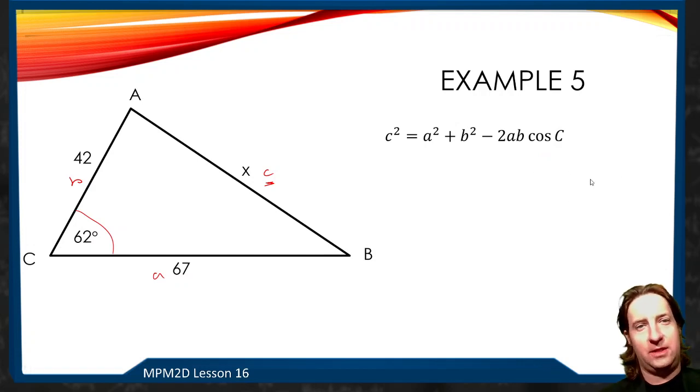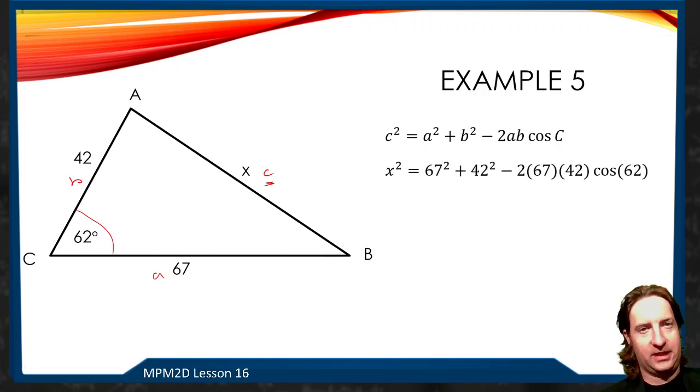Okay, so I can substitute in what I know. Now this is where you're going to make some mistakes. This is the first spot that we're going to make mistakes, so we got to be careful. My unknown is here, x. So that goes into the left-hand side by itself. Then my two sides are 42 and 67, so I'm going to put those in as a and b.